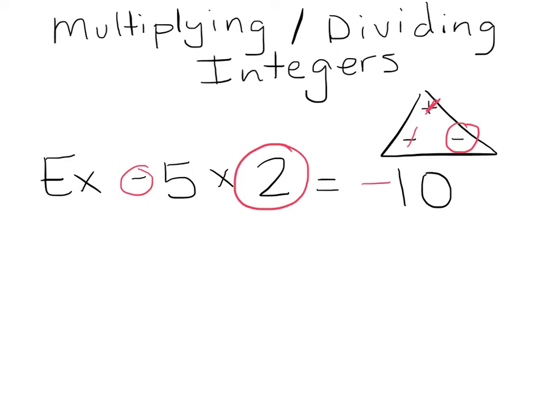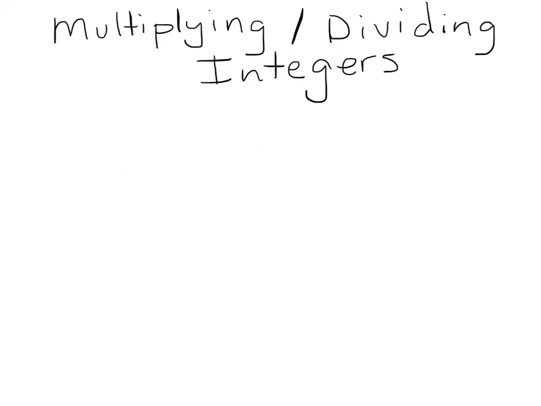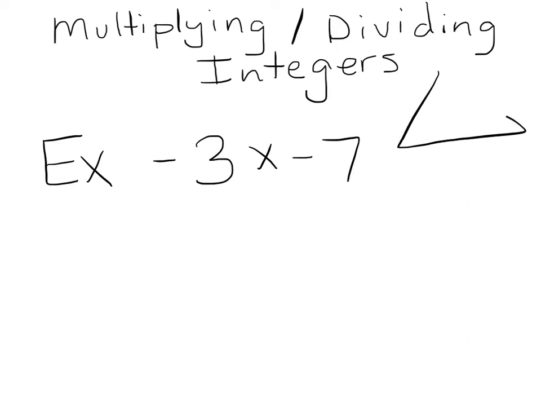All right, let's do another example to show the multiplying and dividing rules for integers. Let's say I have a -3 times a -7. Once again, I'm going to draw my little triangle here. Plus sign at the top, two subtraction symbols at the bottom.